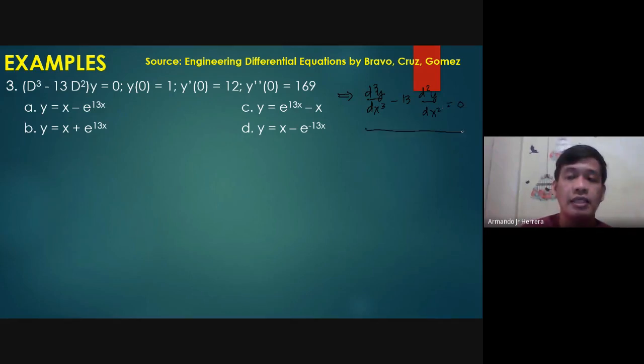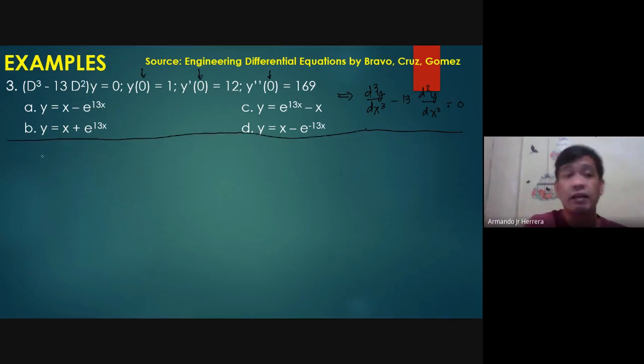So this is our third order linear differential equation such that when x is equal to 0, y is 1, y prime is 12, and y double prime is equal to 169. So let us try to solve this differential equation.